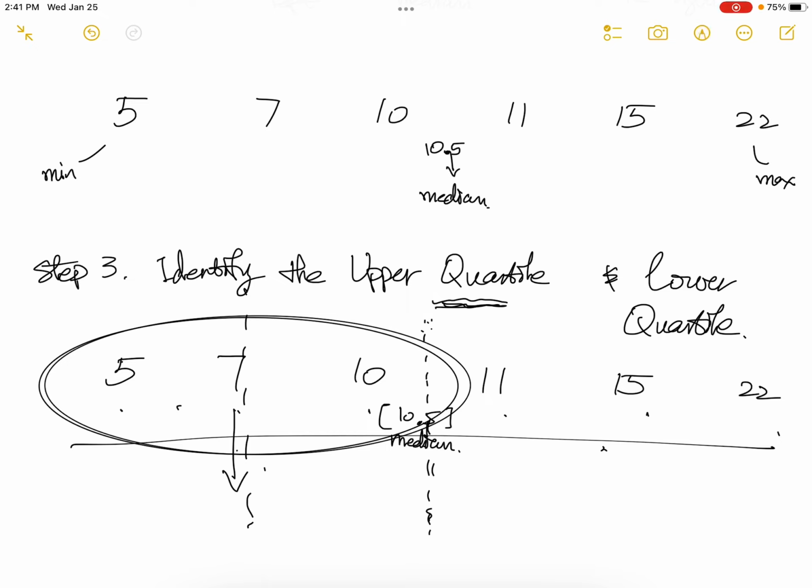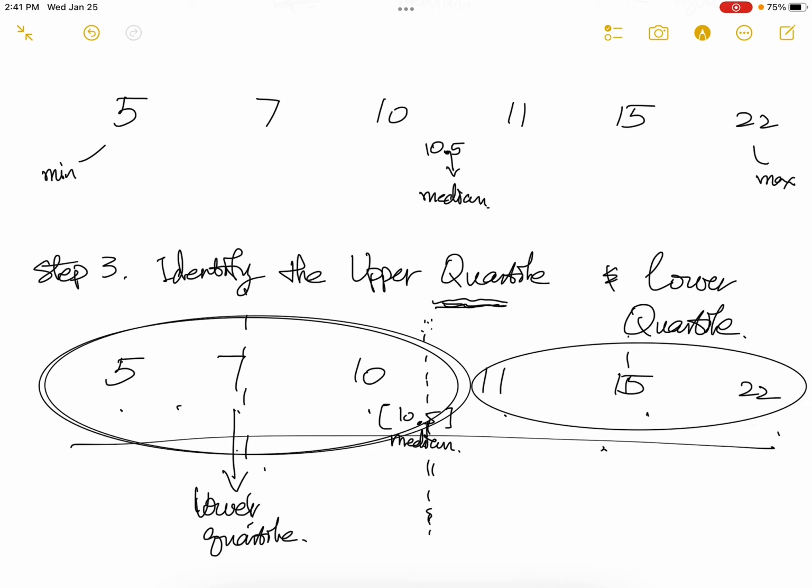So this 7 is going to be the lower quartile. And then similarly, this is to the right of the median. And dividing it again, this 15, the 15 being the middle of this right half, is going to be the upper quartile, right?